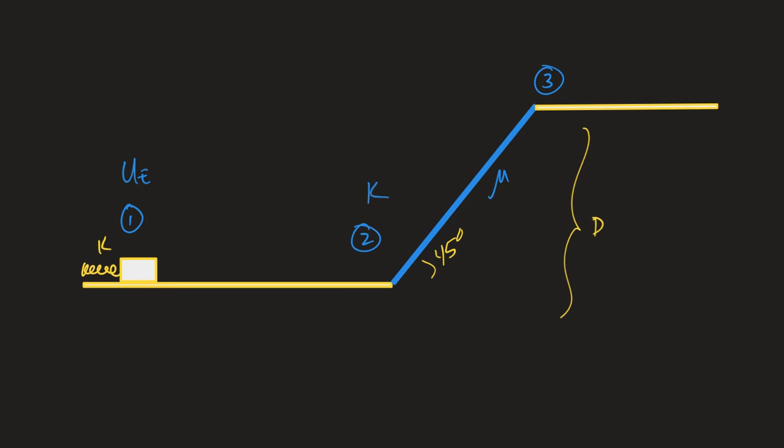State 2, kinetic energy makes the most sense. State 3, well, it's up high, so gravitational potential energy, and it might still be moving, I don't really know. But we know that it lost energy here.